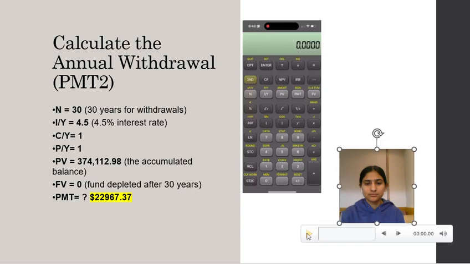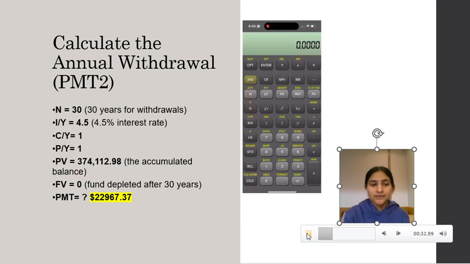In this slide, I will show you how to calculate the annual withdrawal amount PMT2 for retirement years 16 to 45. Now I will move to the second part of the problem: how much the employee can withdraw annually over the next 30 years during retirement in such a way that the fund is completely depleted by the end of the 30 years.